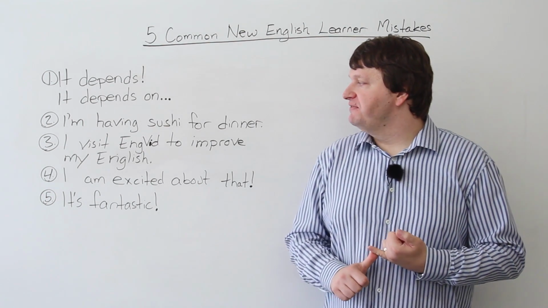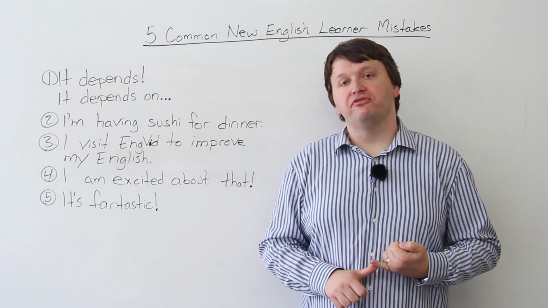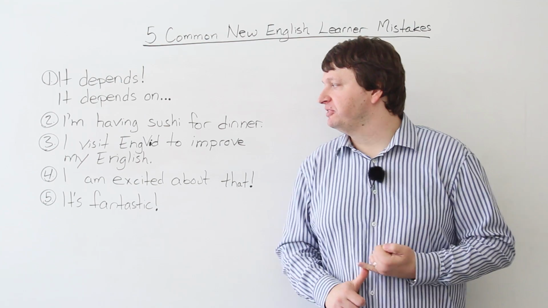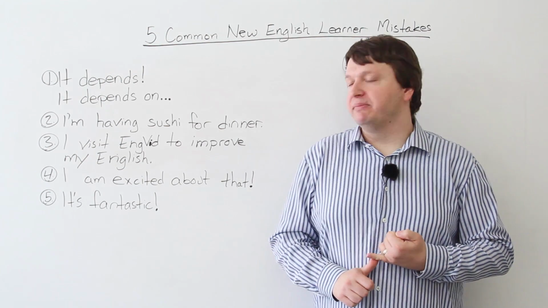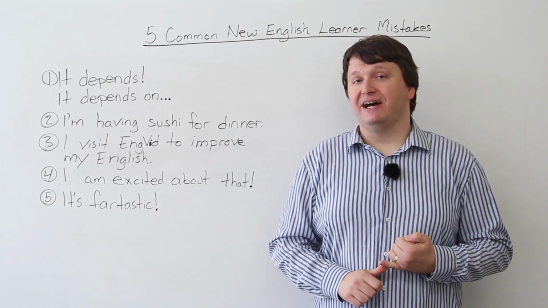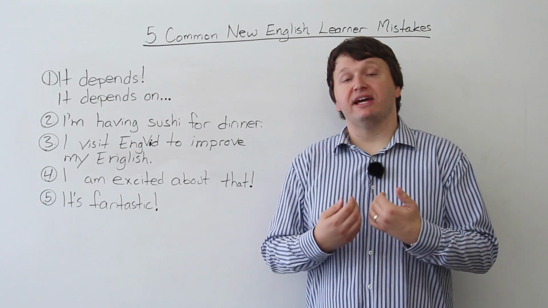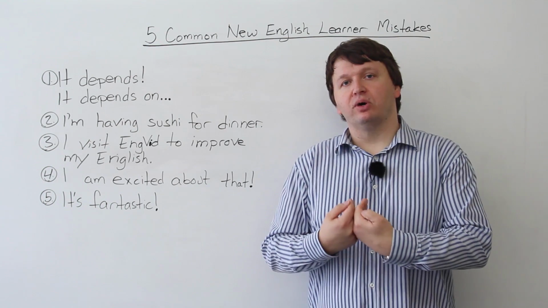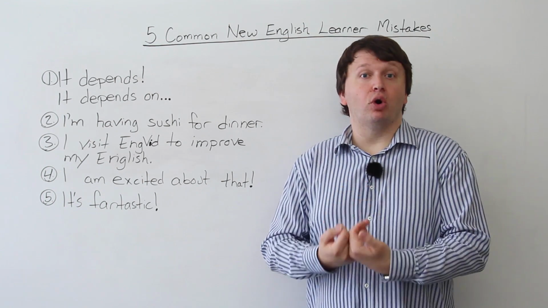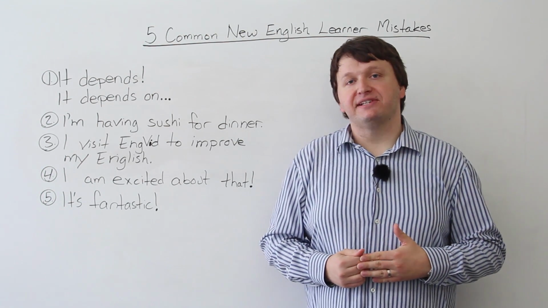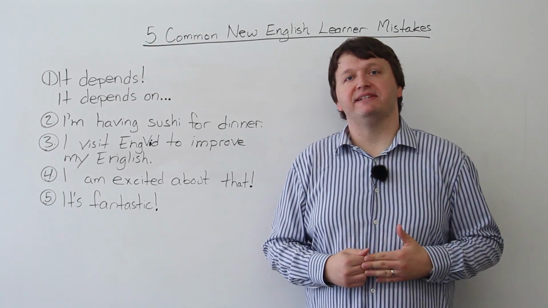Number 3, I visit engVid to improve my English. Not for improve, but to improve. And number 4, I am excited about that. Not I am exciting for that. If it's internal, you are excited, you are interested, you are bored, you are horrified, okay? And finally, it's fantastic, not is fantastic.